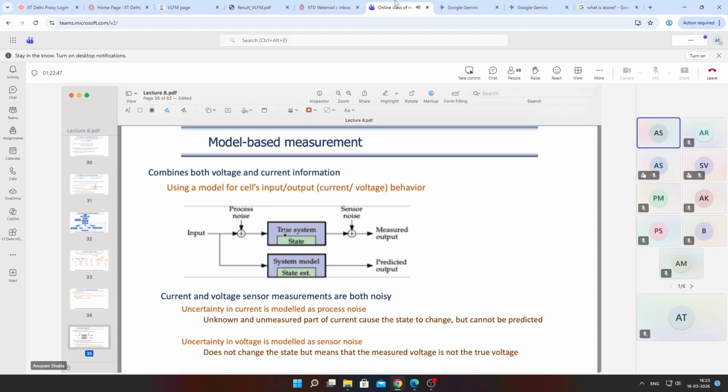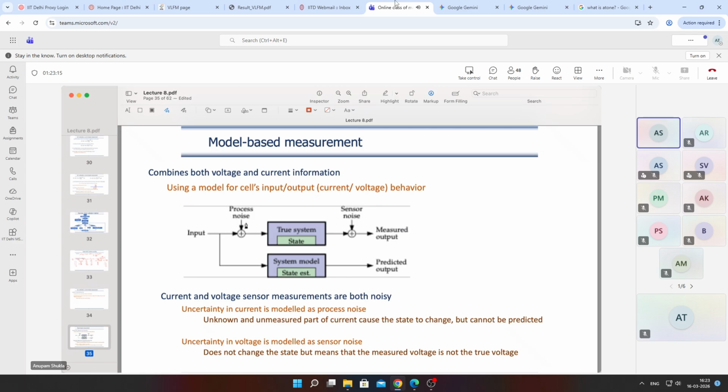There's an input to the system, and that input is taken by your model also, to estimate the changes. Whatever goes to your model is the measurement that we do. What actually goes to the system also includes the discharge current, the self-discharge current, the leakage current, the non-linear current component that we talked about earlier.